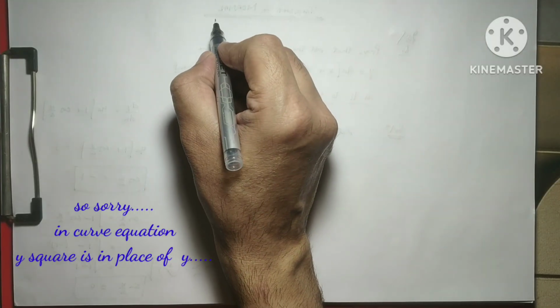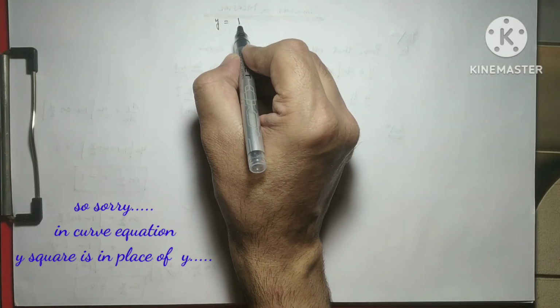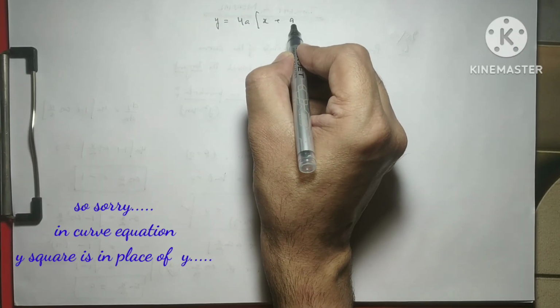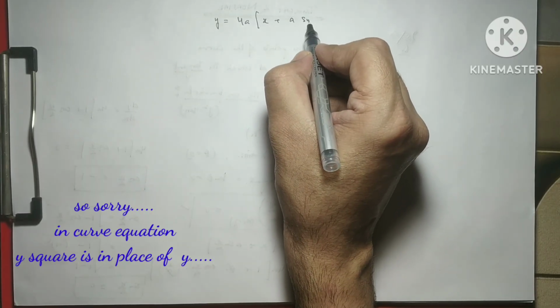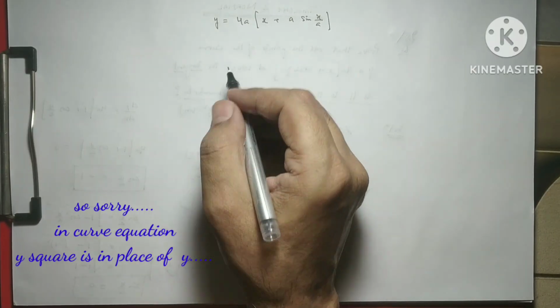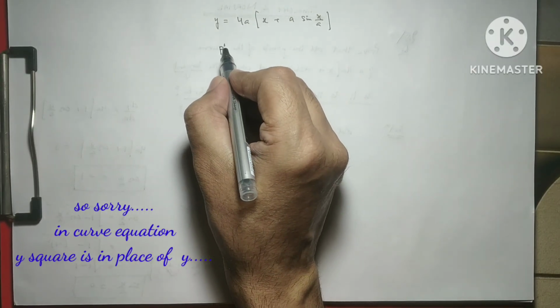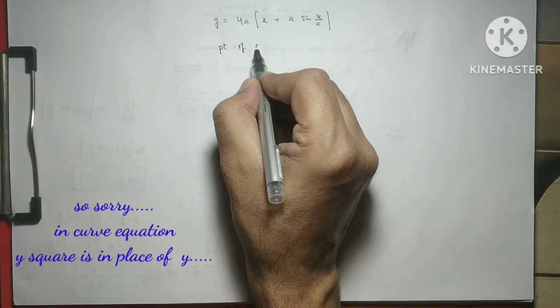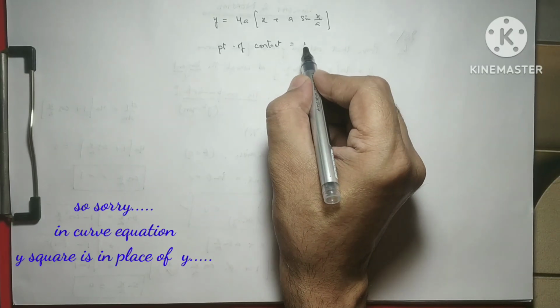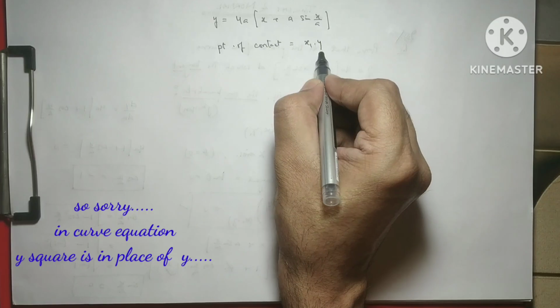So we have the equation of the curve y equals 4a x plus a sin x over a, and the point of contact is (x1, y1).